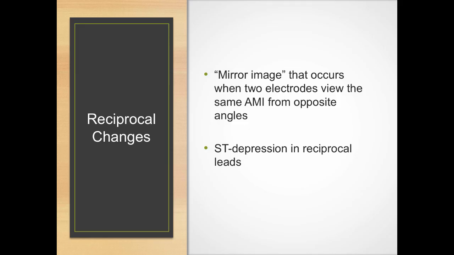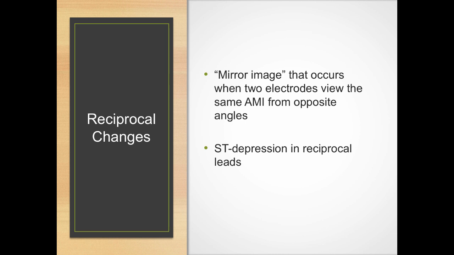Now, when talking ST segment elevation and ST segment depression, we might see reciprocal changes. We're going to differentiate these from ischemia by saying this is a mirror image of two views, two windows that look from different sides of the heart, different sides of that house.